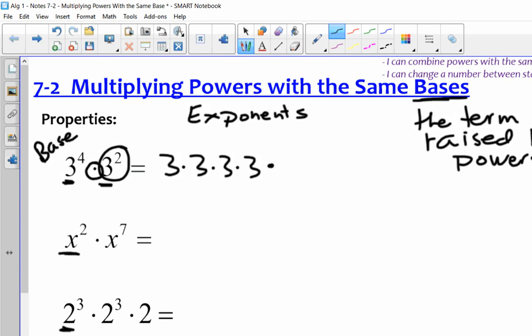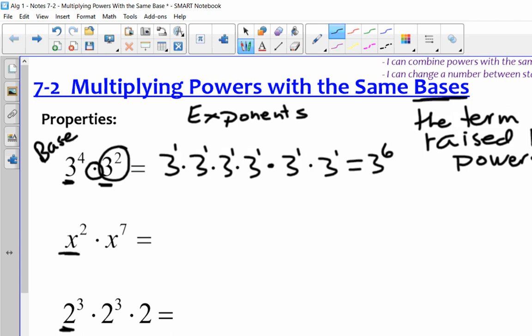If I elongate that, I'm going to get that. Then I'm really looking at how many bases, or how many terms, do I have? When I do this, these have powers now, but just to the power of 1. If I count these up, I've got 3 to the 6th power.